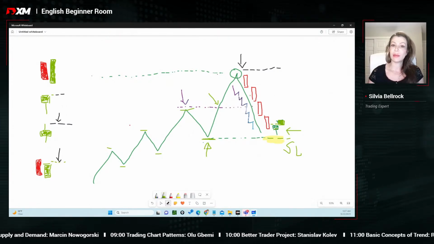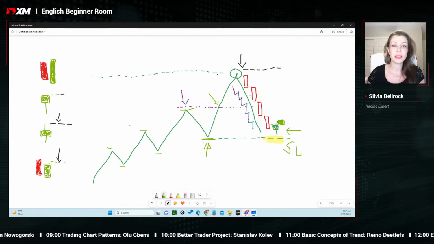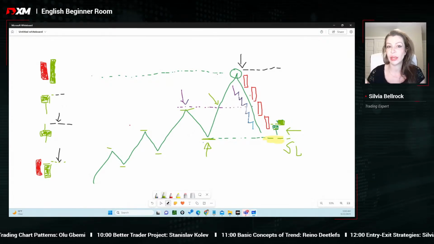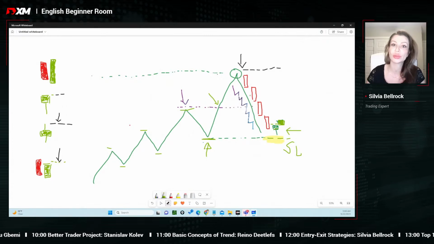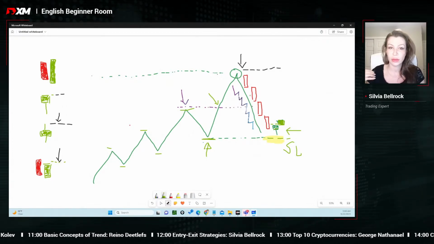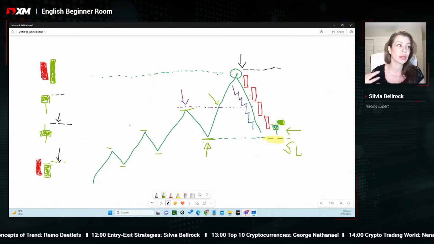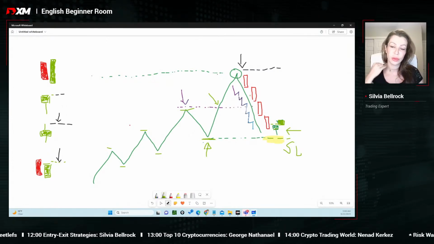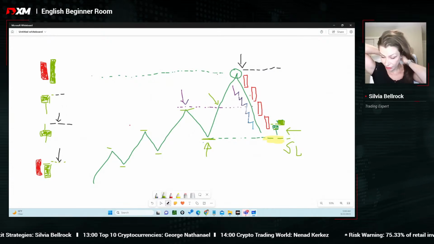Basically, something that shows us that bears are slowing down here and bulls are taking control. That's what we're looking at here. This can look different ways. We're going to go on the chart and I'm going to show you multiple different charts of how that looks.